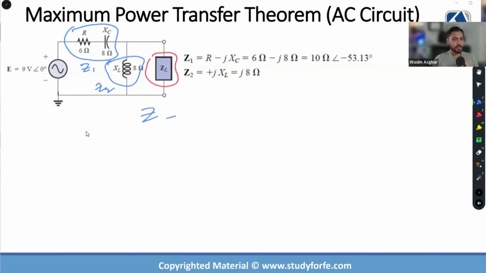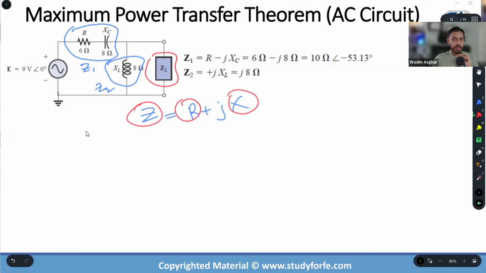Typically, our impedance is simply Z is equal to R plus jX. All right. Now, this is impedance, this is resistance, and this is reactance. I have not basically assigned the reactance as capacitive or inductive yet, right? So let's say if I have a purely resistive load, then what ends up happening is that it becomes R plus j0.